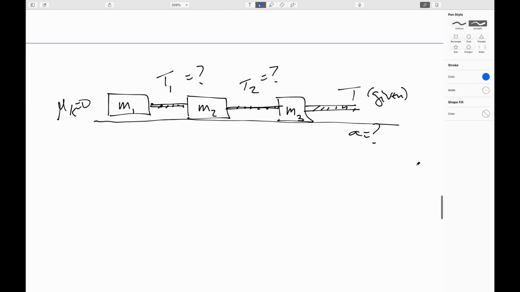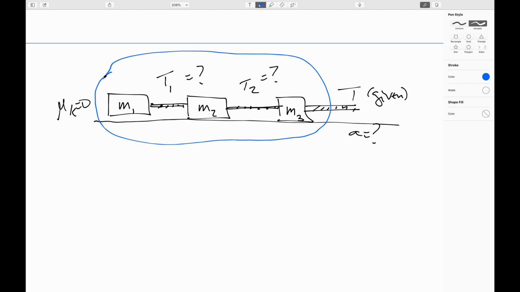So here the idea is that I need to solve for A, but I don't like this T1 and this T2 business. I mean, I'm going to have to get them eventually, but let's say I just want to get the acceleration. If I just want the acceleration, I could make the whole collection of these one of my free bodies.